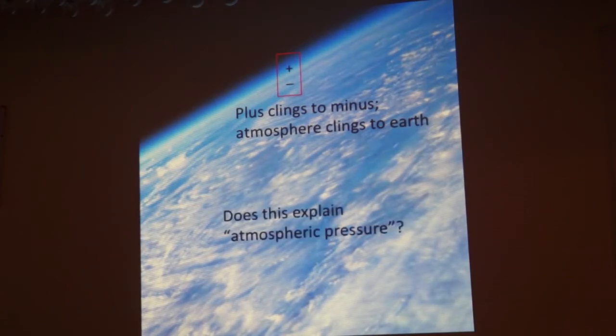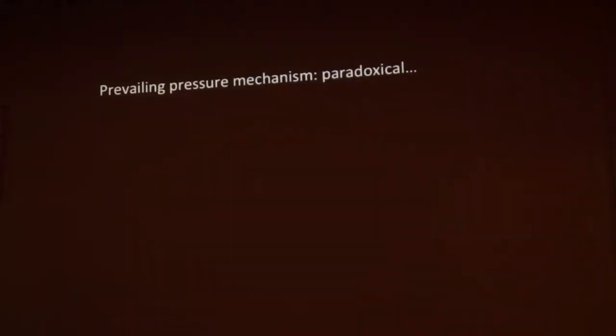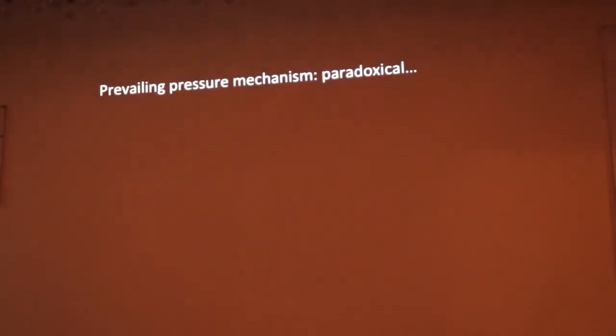And the question arises, does that explain so-called atmospheric pressure? What does that mean? We think the atmosphere is pressing on the Earth. I've always had a hard time understanding how this happens. There are a few odd features about the accepted mechanism.